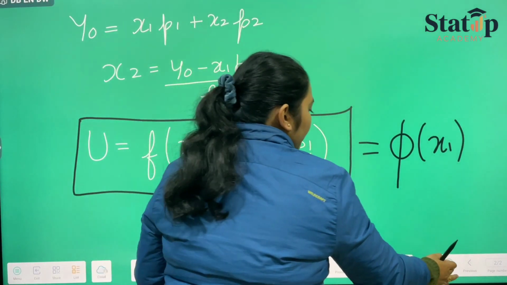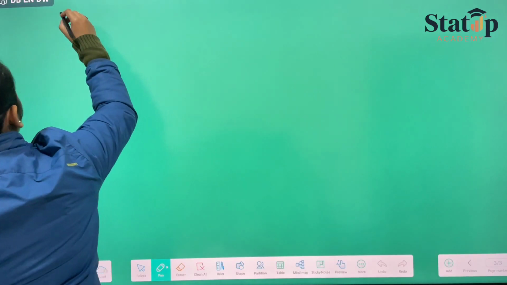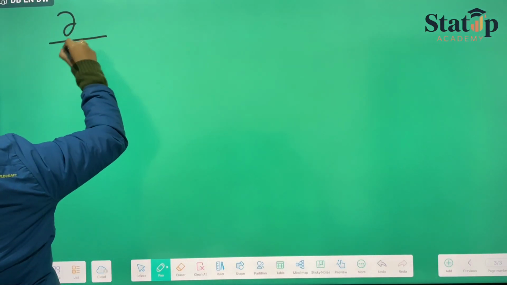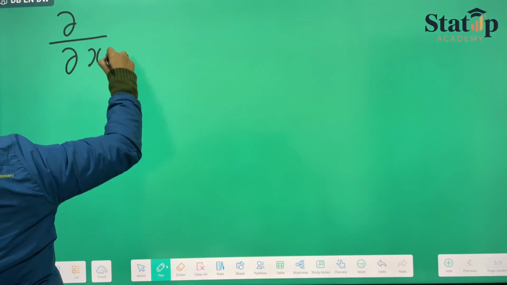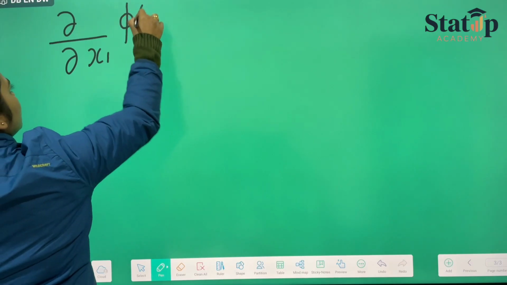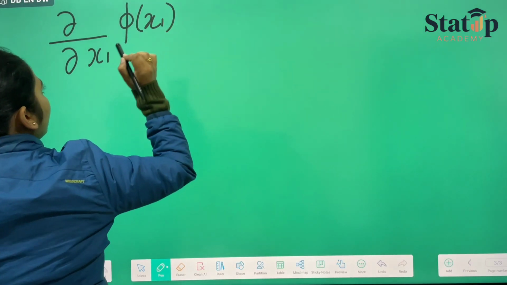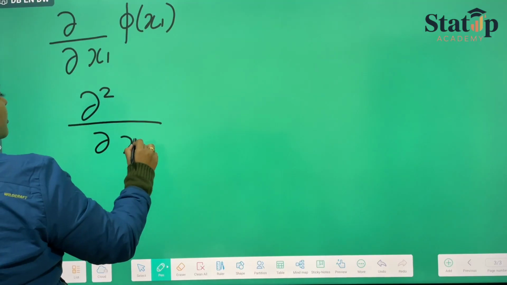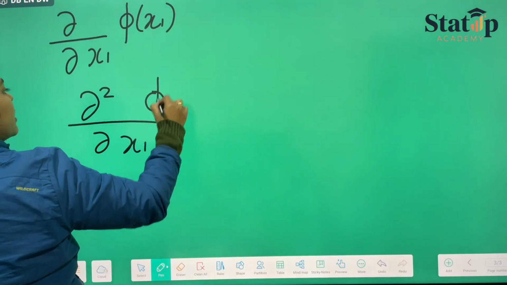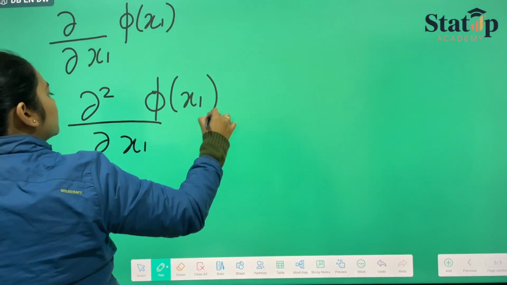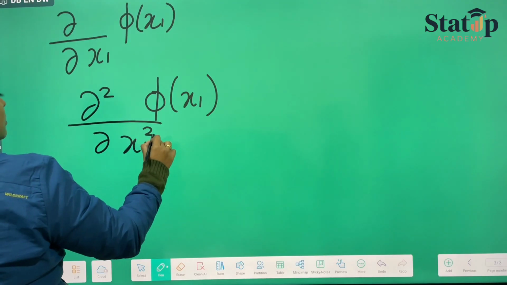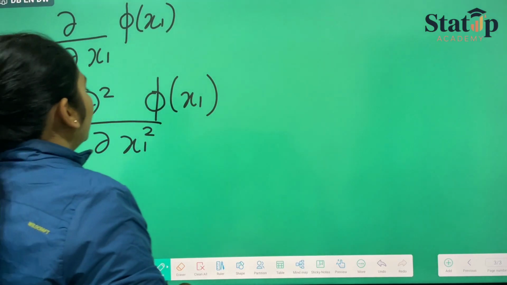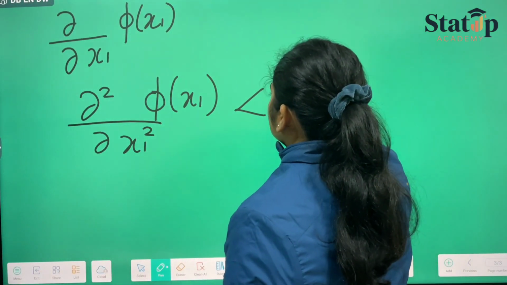So, how to maximize this? We will differentiate this utility function with respect to x1, first of all. And if we double differentiate this utility function with respect to x1, then it should be less than 0.